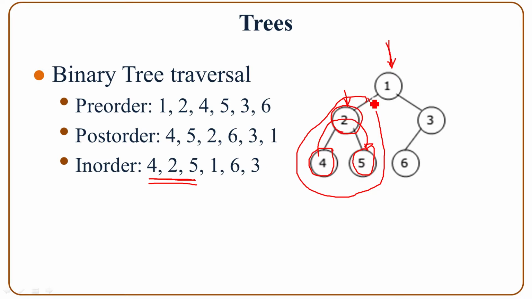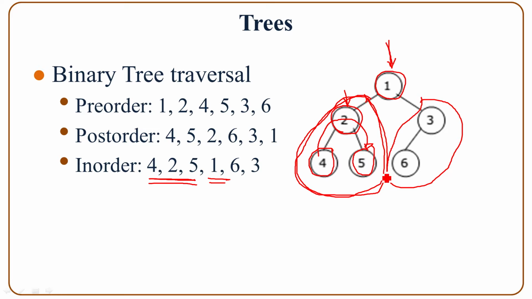Up to this point, we are done with the left subtree of 1. And following the Inorder Traversal, we then visit node 1, which is the root. And then we visit the right subtree of 1.